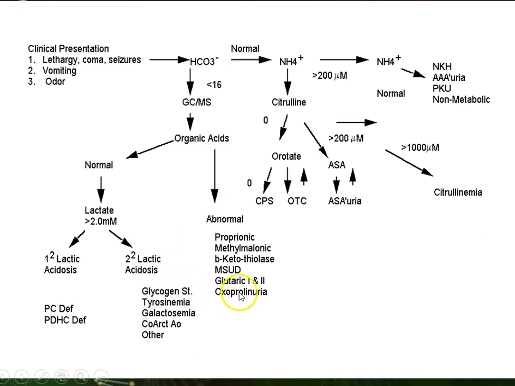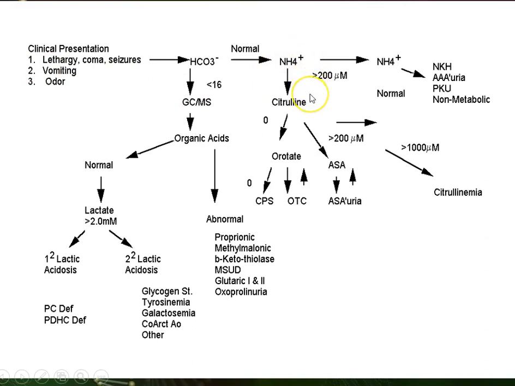Or is it coming from organic acids, such as propionic acidemia, methylmalonic, MSUD, which stands for maple syrup urine disease, glutaric, and oxoprolinuria? If, on the other hand, the baby is lethargic but not acidotic, what is the ammonia?